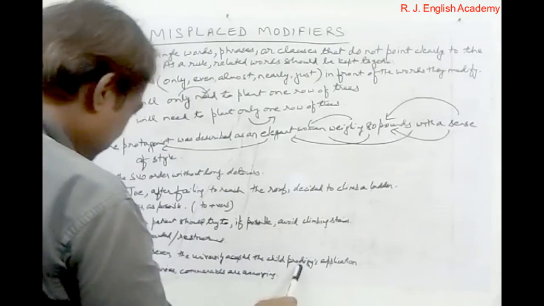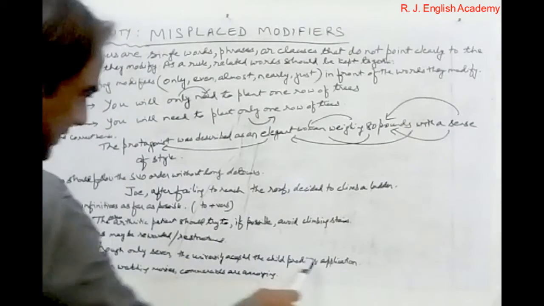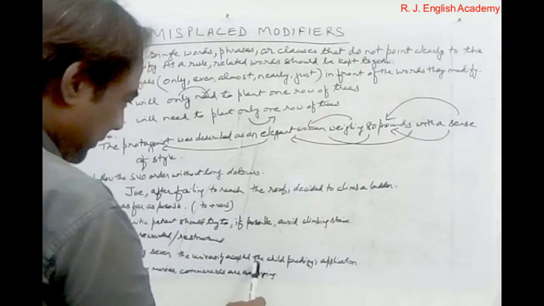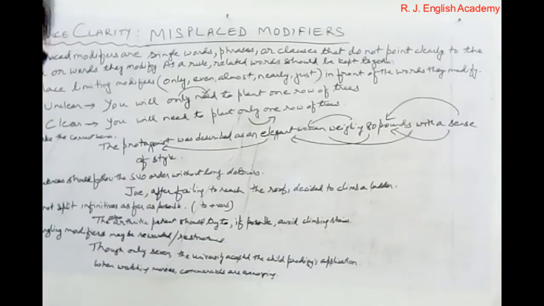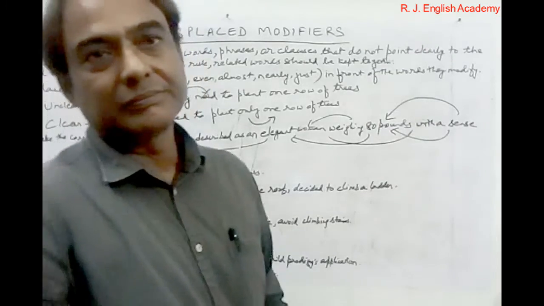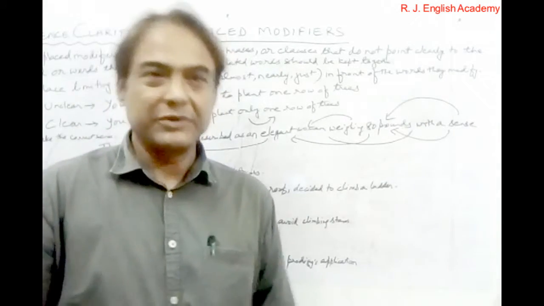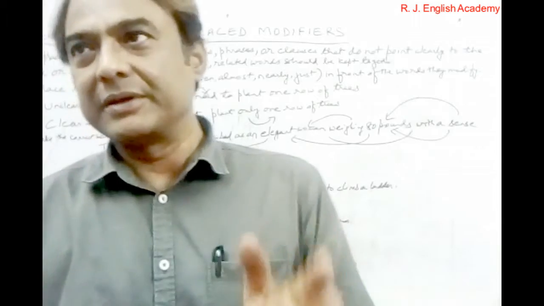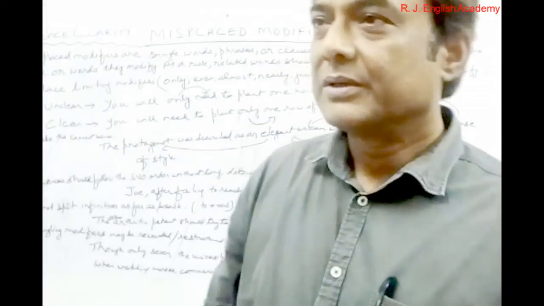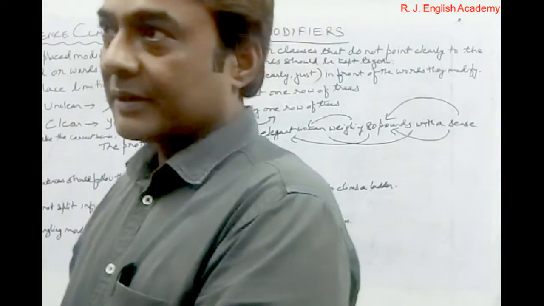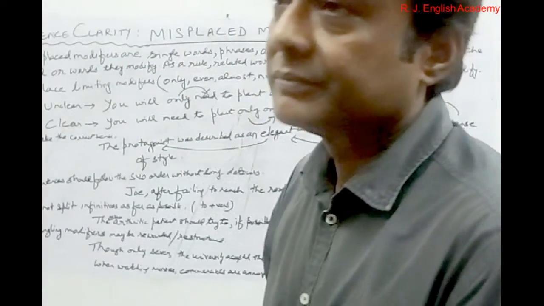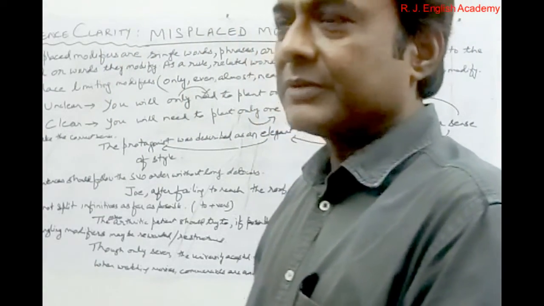The child prodigy, though only 7, was accepted. The application of the child prodigy, who was only 7 years of age, was accepted by the university. This makes the sentence more clear.